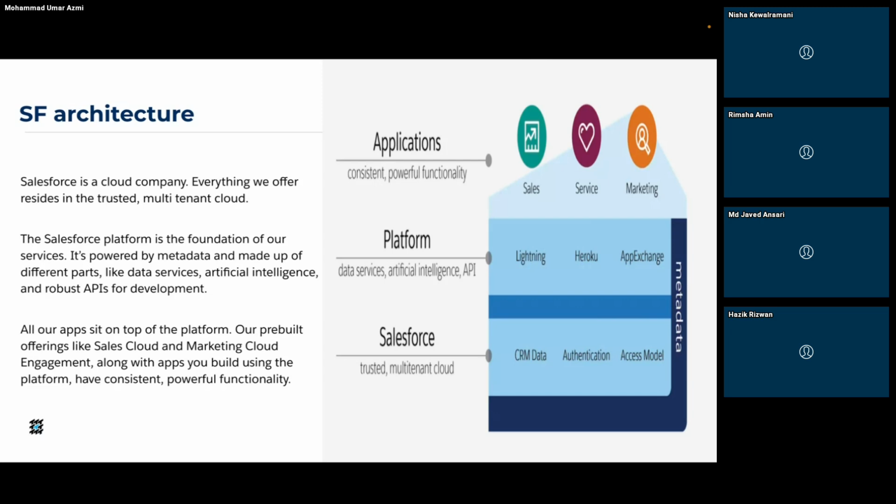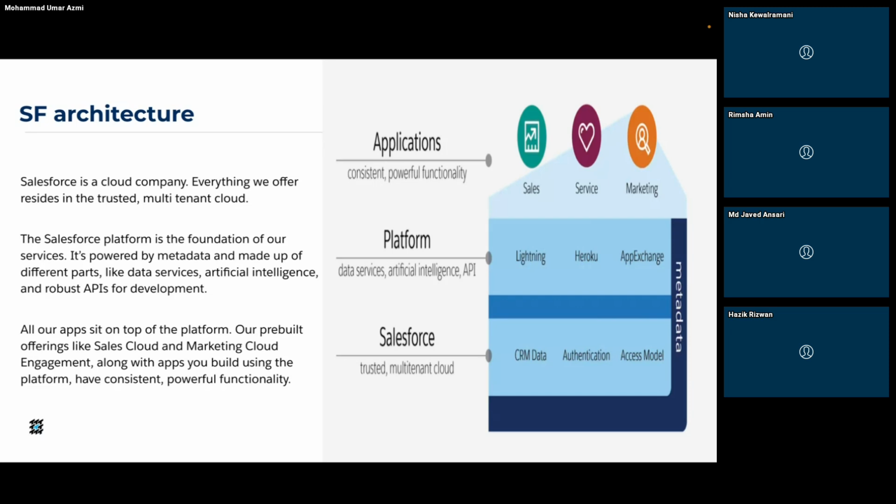This is the basics of the Salesforce architecture. When we say multi-tenant, on a single instance we have multiple orgs, customized as per their requirements. They live on the same server, the same instance, but no one is able to access each other's org. Why?